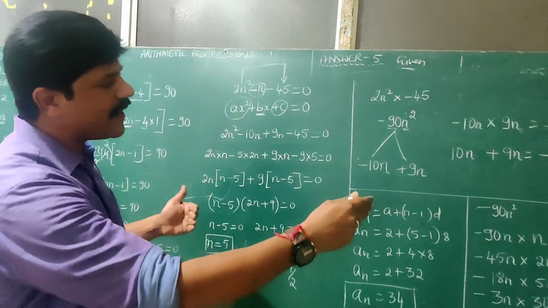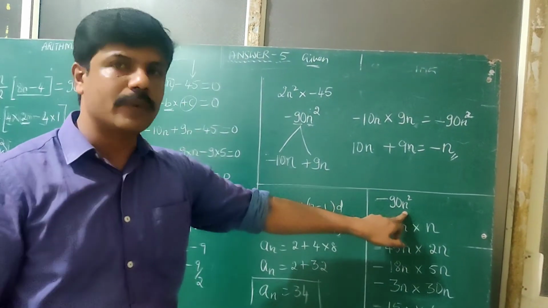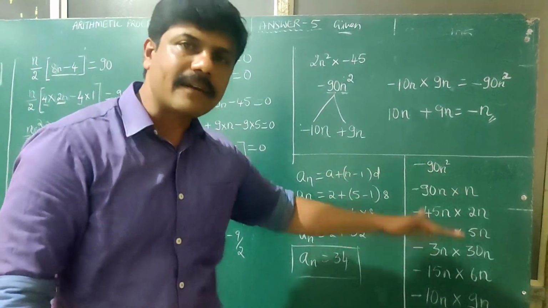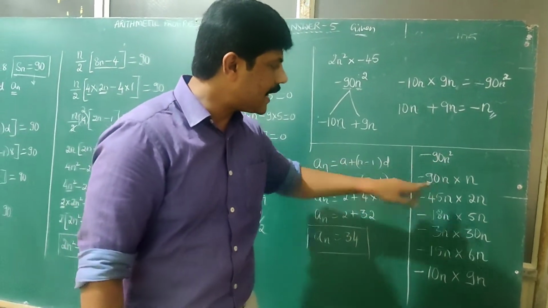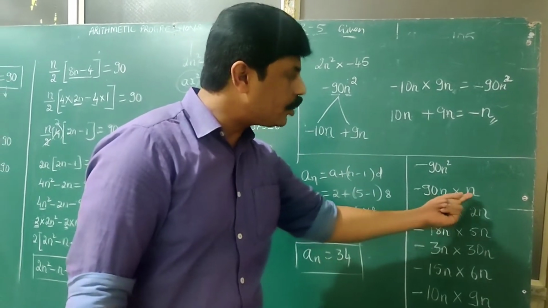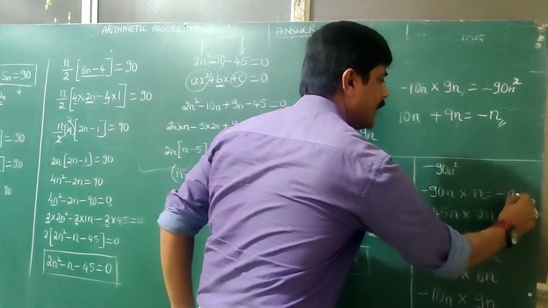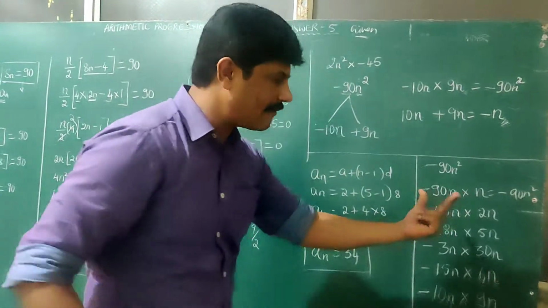See, there are various factors I have found here for minus 90n square. Minus 90n into n is equal to minus 90n square. This is one factor pair available.